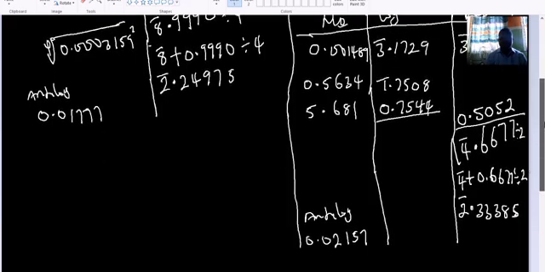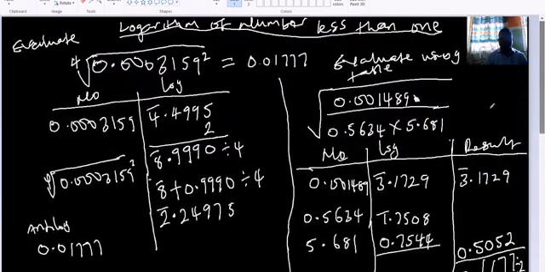So that's your answer. You can come and do this one directly also and check whether your answer is correct. So you multiply 34 times 5.681, equal to this. Divided by 0.001489. So you have this one.